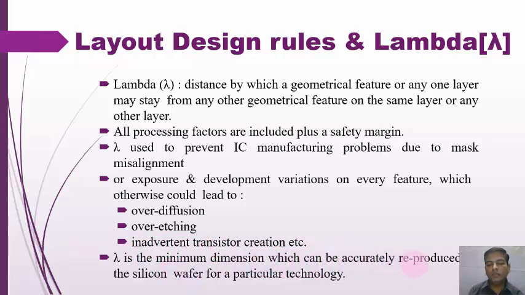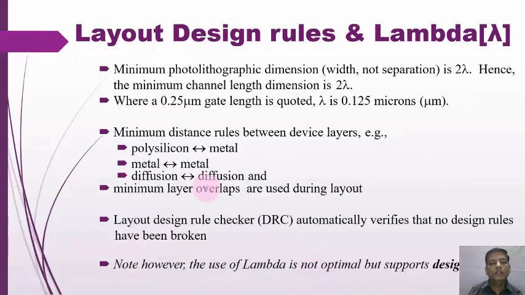Lambda is the minimum dimension which can be accurately reproduced on the silicon wafer for a particular technology. Minimum photolithographic dimension width, not separation, is 2 lambda. Hence, the minimum channel length dimension is 2 lambda. Where a 0.25 micrometer gate length is quoted, lambda is 0.125 microns.